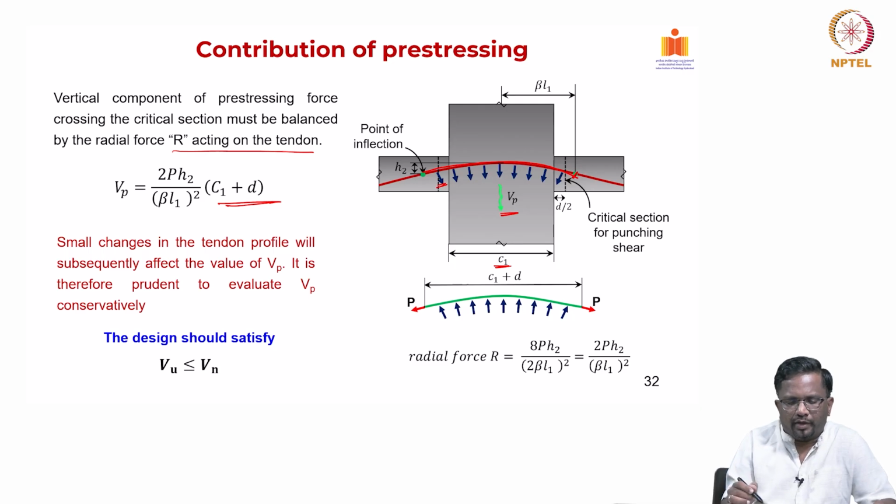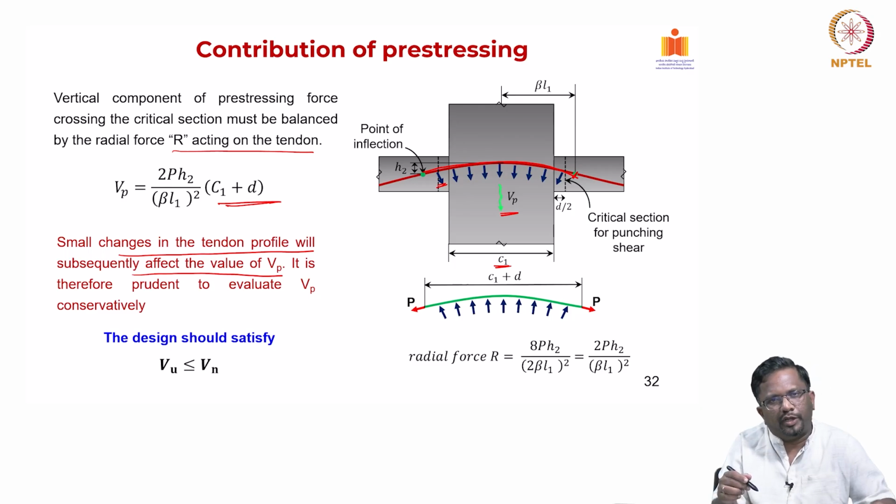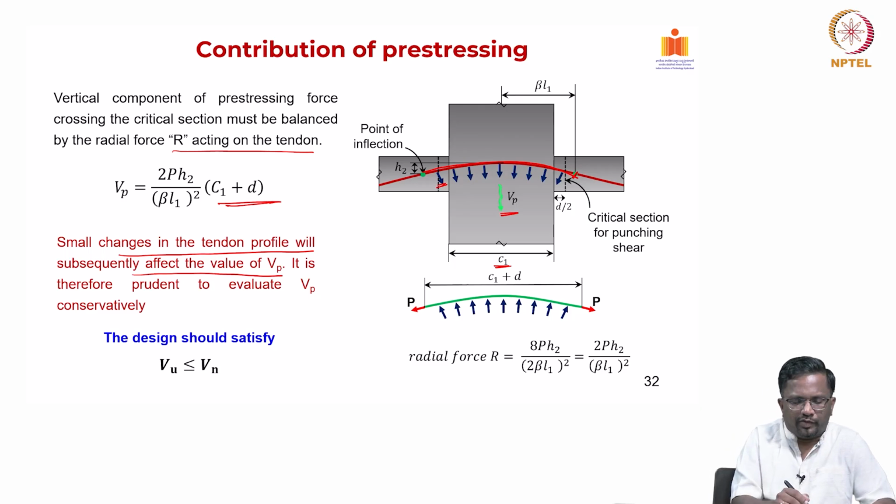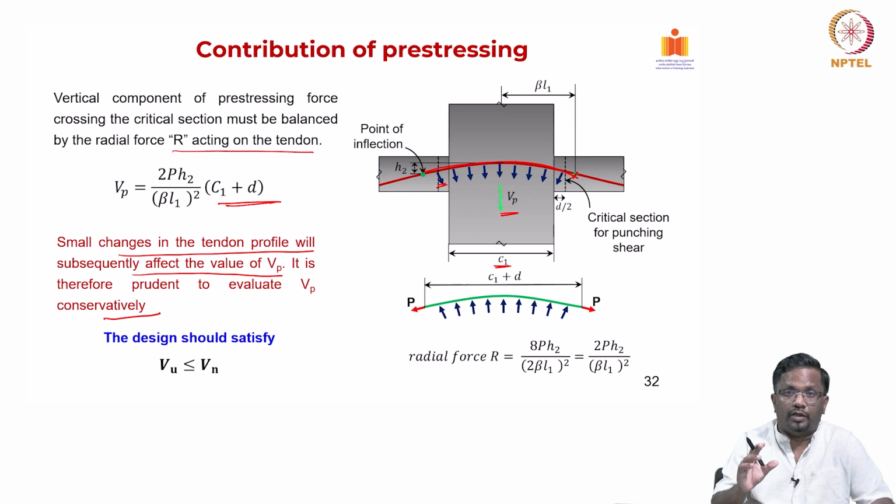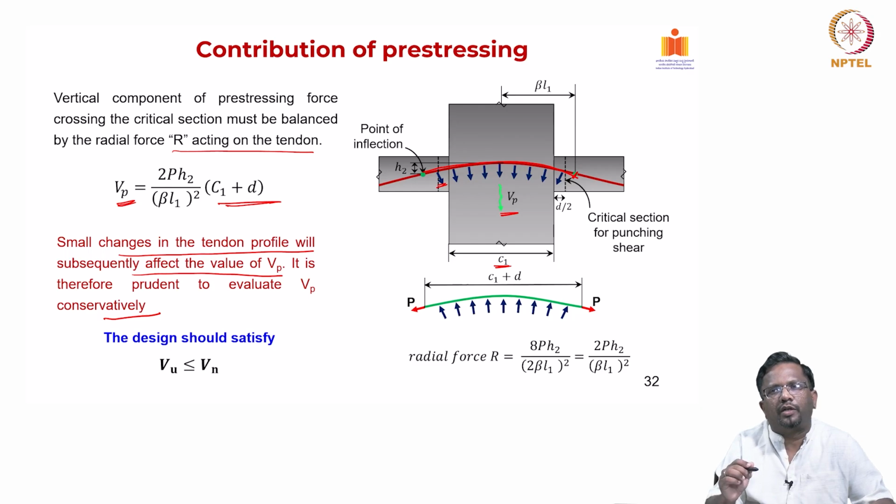Now however here the small changes in the tendon profile will subsequently affect the value of VP. So whenever we are estimating this VP, we have to do it in a very conservative way, but it is not going to be small also. So you can take advantage of this VP to optimize your design, but at the same time these profiles have to be calculated properly, and this VP component also has to be calculated in a conservative way.